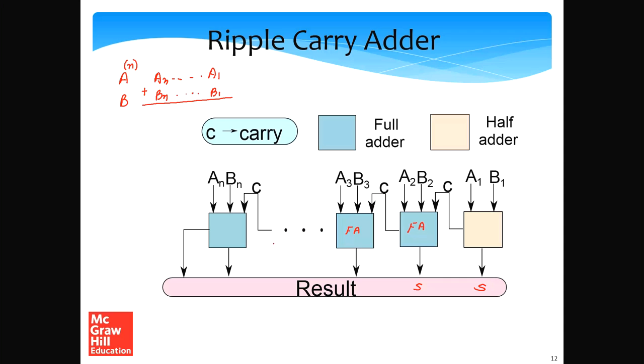In a similar fashion, we go till the nth position, which is the last point. We add the carry, an and bn. Finally we have a sum bit and a carry out. Since we have nothing more to add, the carry out becomes the most significant bit of the result.